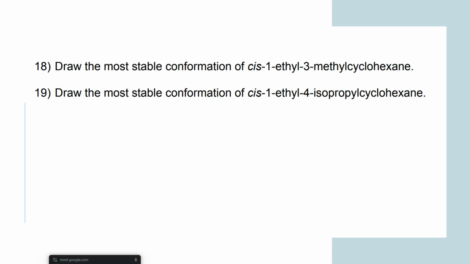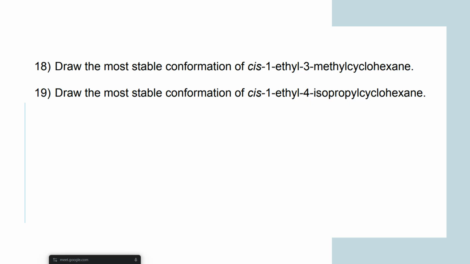In the first question, we have 2 alkyl groups, 1 ethyl, 3 methyl. So out of these 2 alkyl groups, ethyl is more bulky, because it is having an extra carbon atom. Hence, if we have to place any of these 2 in axial position, we will not place the bulkier one in axial, because it will cause more prominent 1,3 diaxial interaction.